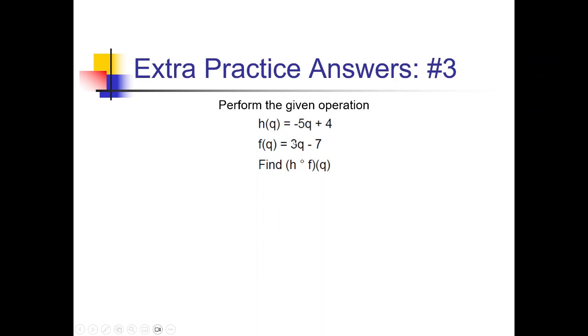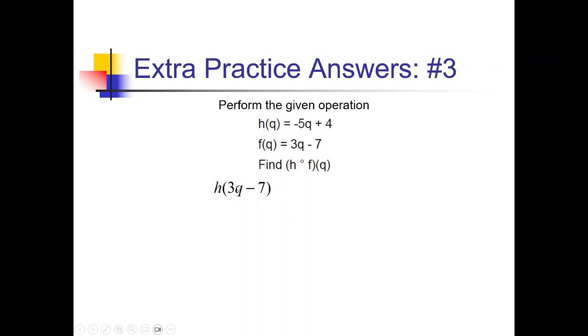For number 3, I'm taking the h and the f function, and I'm doing a composition of h on f with q plugged in. Now, since the thing I'm plugging in is exactly the same as the placeholder variable here, I don't really need to change the f function much. I just need to take the f function as is, 3q minus 7, and plug that into the h function.